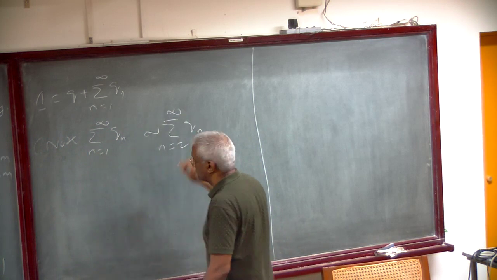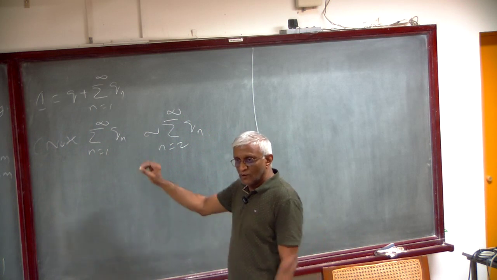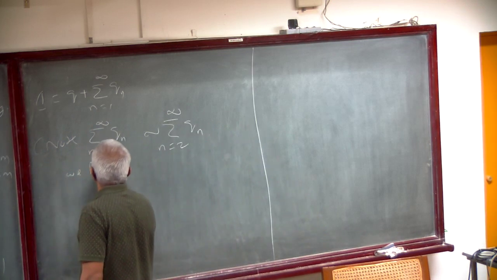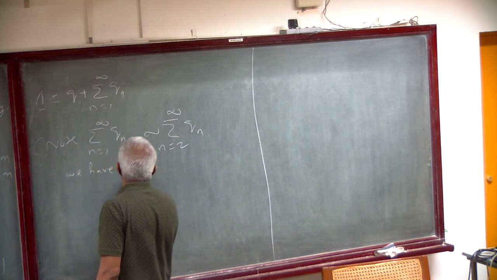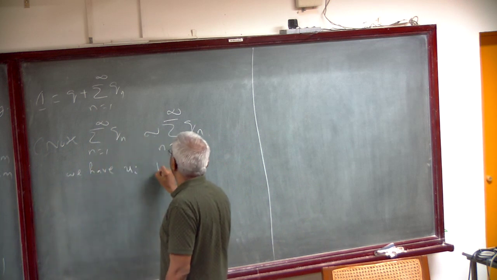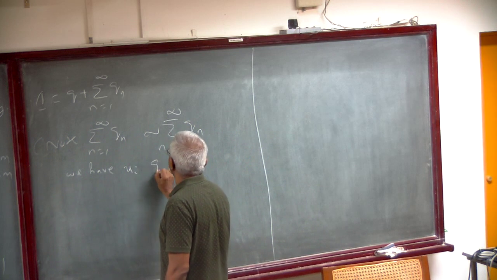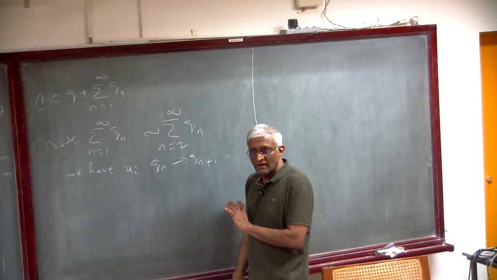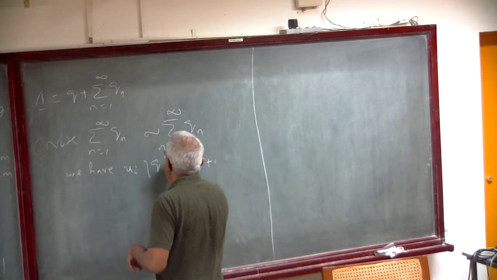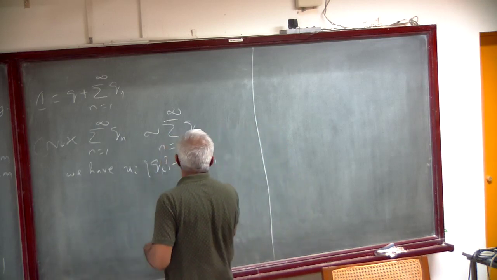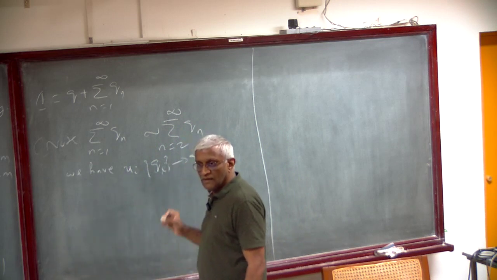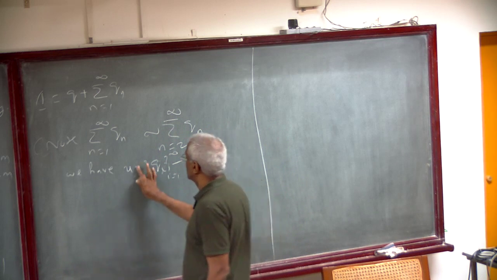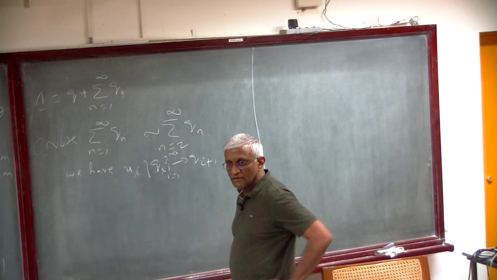Is that clear? We have Ui, which takes Qi to Qi plus 1. They are equivalent, right? Where i equal to 1 to infinity.